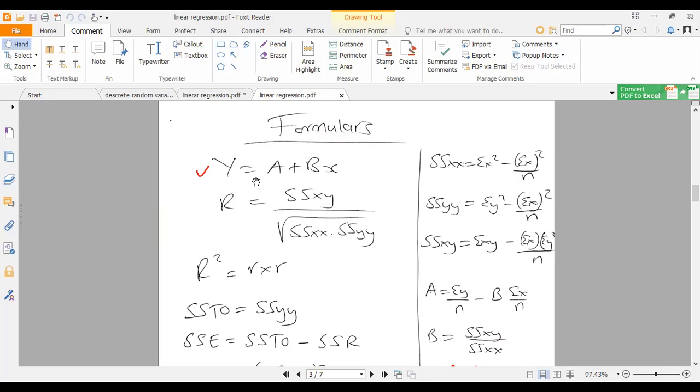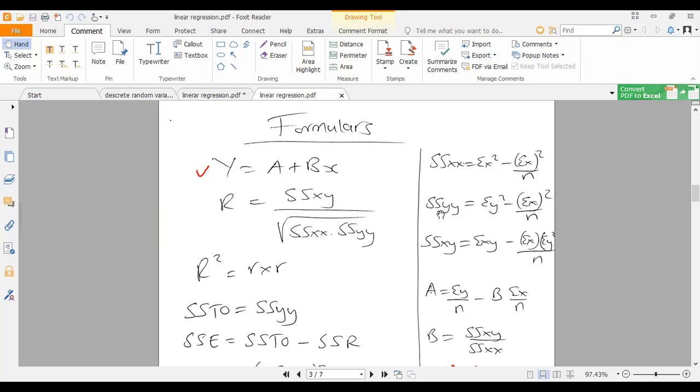Now, we need to understand how to calculate this by understanding the sum of squares. Sum of square xx is simply summation of x to the power 2 minus summation of x to the power 2 over n. So we're dealing with x's only.